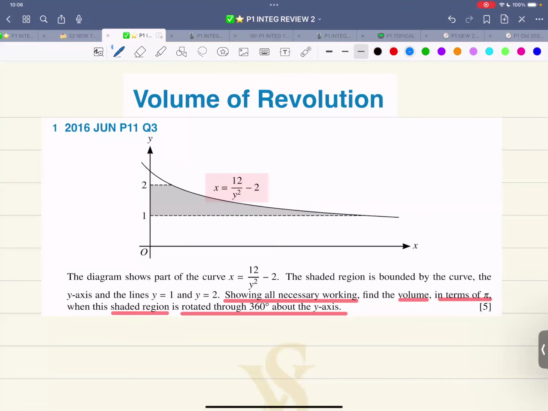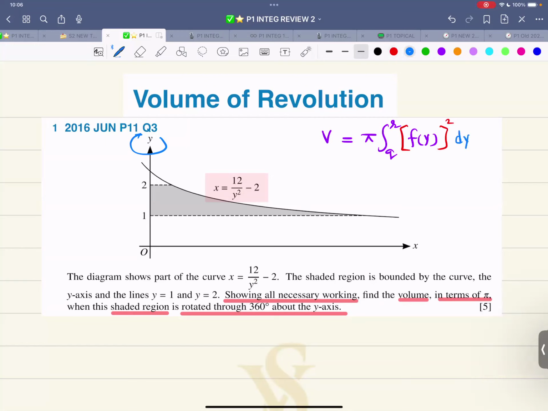Find the volume in terms of pi when the shaded region is rotated 360 degrees about the y-axis. So the rotation is about the y-axis. What is the rule? The rule is volume of revolution. There is pi. There are limits q and r. The function should be in terms of y, the whole thing squared, and don't forget to write dy over here.